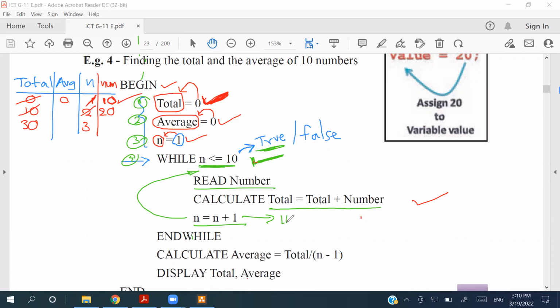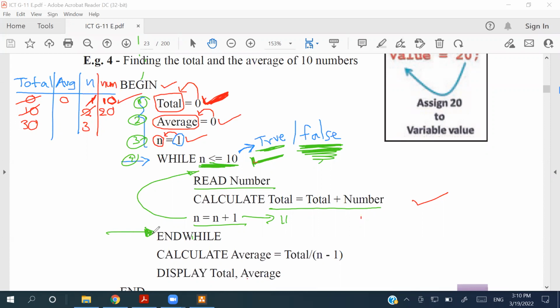Ravindu, n equals total plus number, no, it's quite complex. Now this is simple, Ravindu. When n becomes larger than 10, the condition is false. So when this condition is false, it's going to reach the end while.